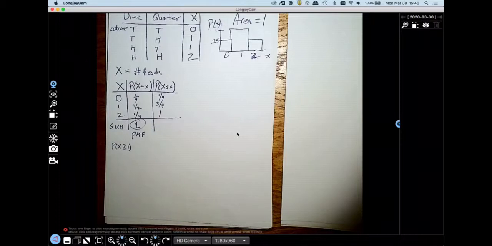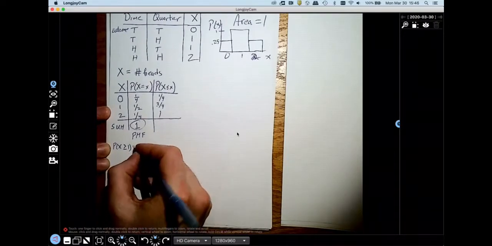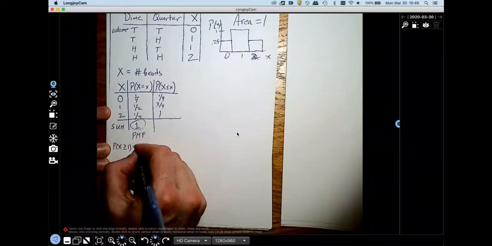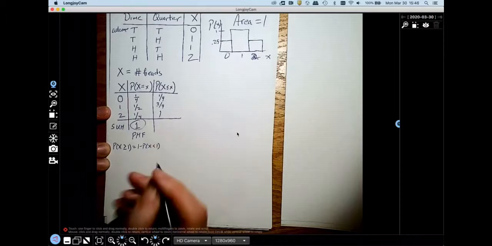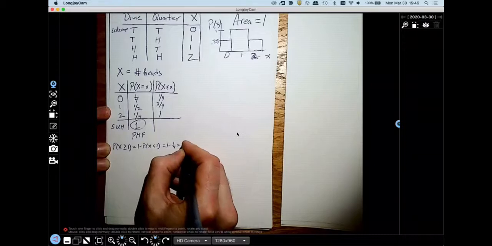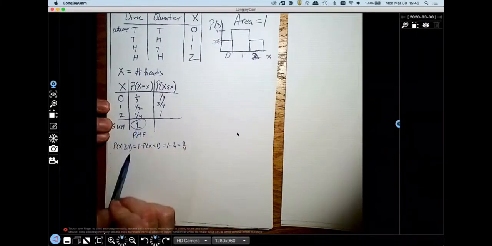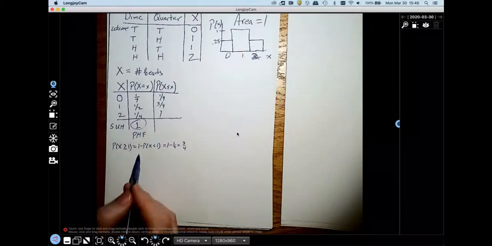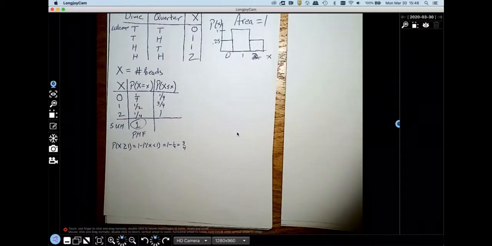What's the chance I get 1 or more heads? Well, the way we were doing this last week was to write this as 1 minus the probability that x is strictly less than 1. In other words, x is equal to 0. Which would be 1 minus 1/4, equal to 3/4. Or you could just add up those two numbers in this case. But in general, we want to get in the habit of using the CDF rather than just summing the PDF, or PMF in this case.